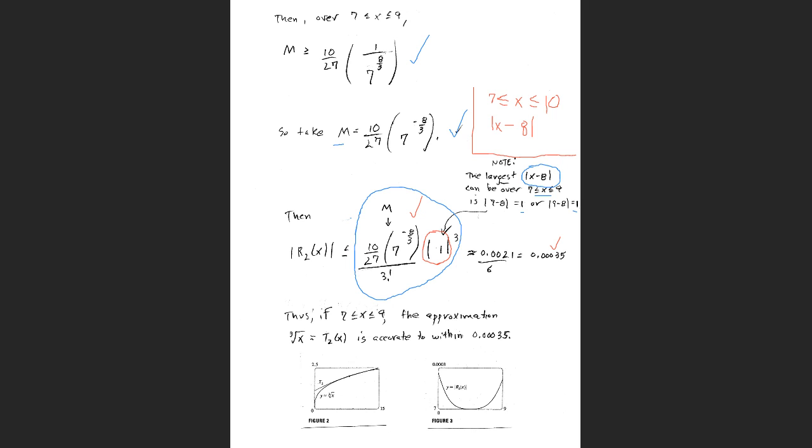In other words, what value of x would we put in here? Well, Kahindi's saying that the absolute value of x minus 8, the largest it could get would be 2. And why are you saying that, Kahindi? You're right. Because 10 minus 8. That's right, Kahindi. That's right, Tina.